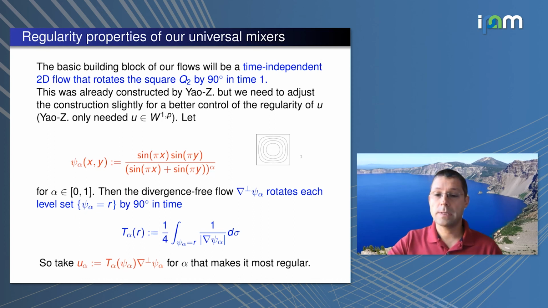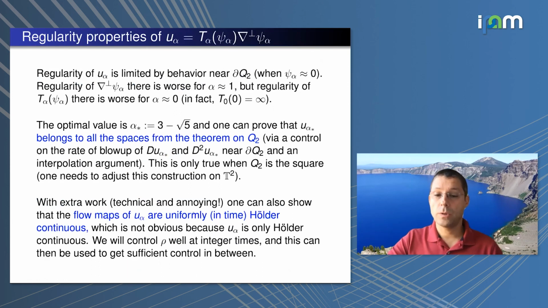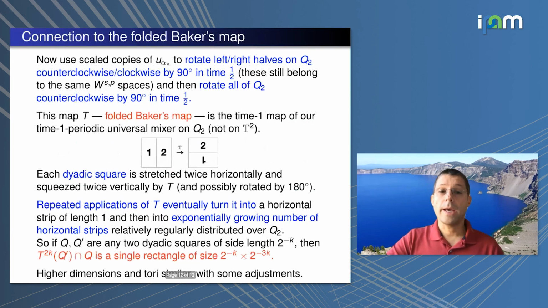It's not Lipschitz, obviously, and so the flow maps could in principle be discontinuous, but actually they aren't, and we can show that the flow maps are uniformly Hölder continuous in time.